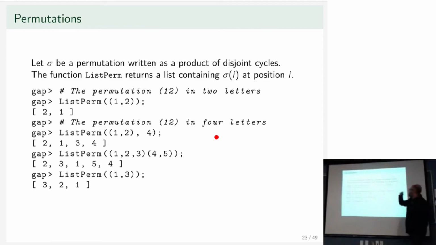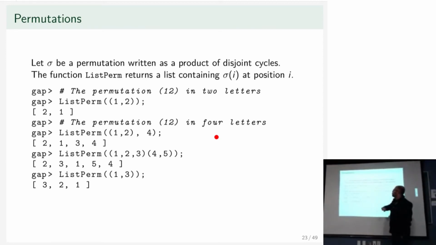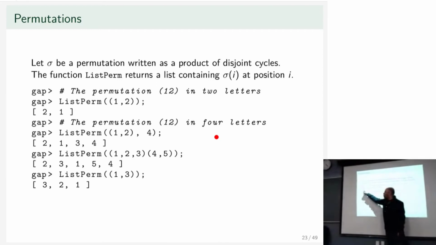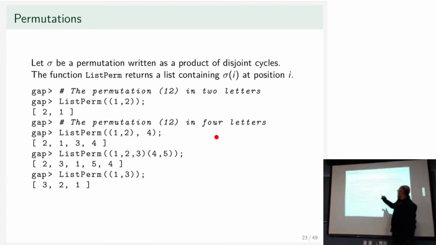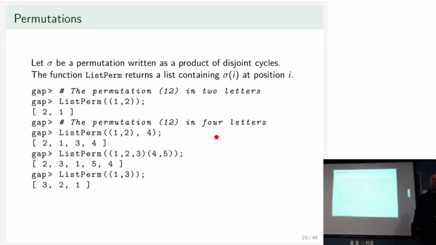Okay. So for example, this is the transposition (1,2). 1 goes to 2, 2 goes to 1. If I do this, ListPerm, I get this, which means that in position 1 I have a 2, and in position 2 I have a 1. Okay. Implicitly, what I'm thinking is that this belongs to S2, the symmetric group on 2 letters.